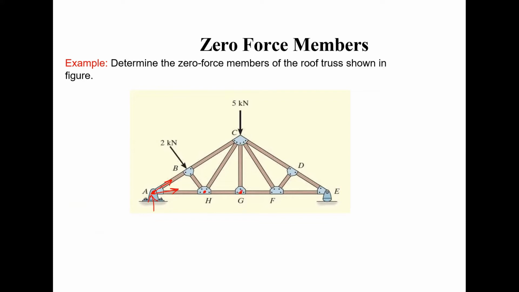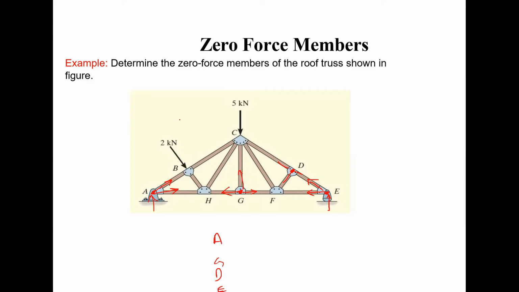At the G joint, three forces are acting, so you can apply the shortcut rule here. At point D, only three forces are acting, and at point E, there are three forces applied on this joint, so you can apply the shortcut rule at this point also. So apply the shortcut rule at joint A, joint G, joint D, and joint E, and find the zero force members.